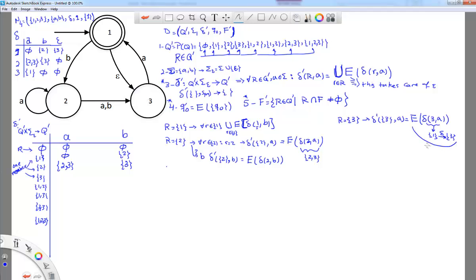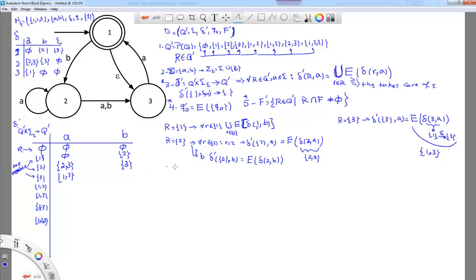So in total, this is going to be set 1, 3. When you are in state 3 and you take A, you go to state 1, and you follow the epsilon transition, you go back to state 3. So effectively, E of delta of 3 and A is going to be state 1 and 3. You first perform the transition, then add any additional reachable states over epsilon. That takes care of that process.